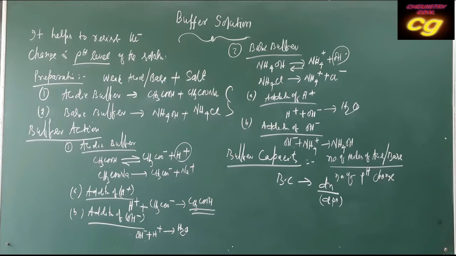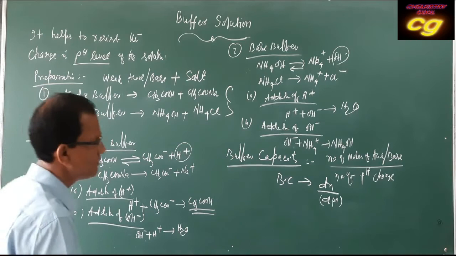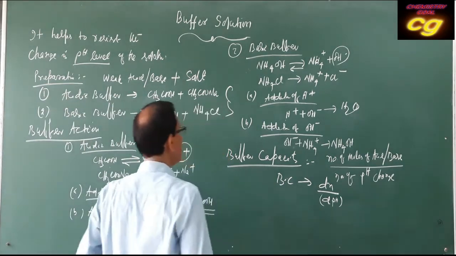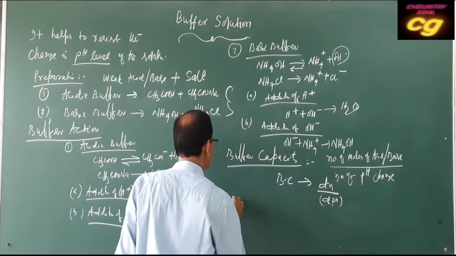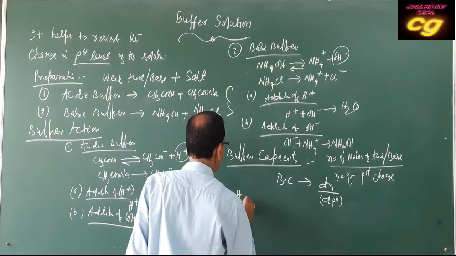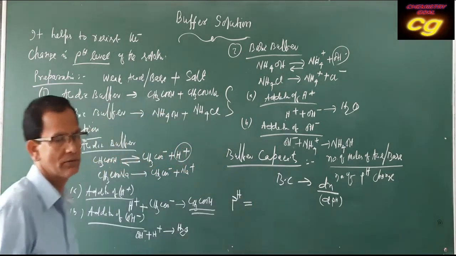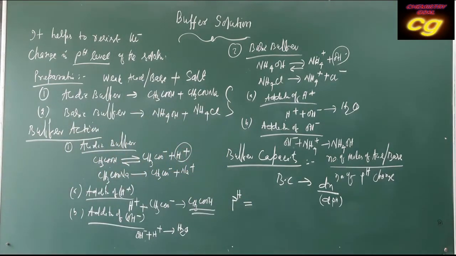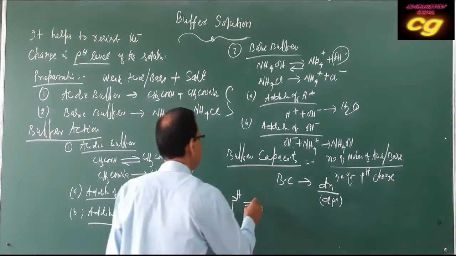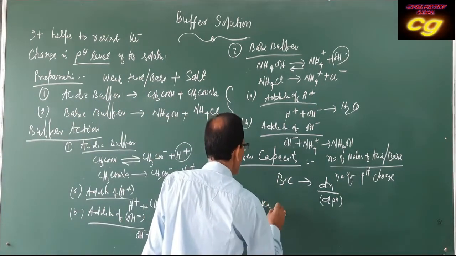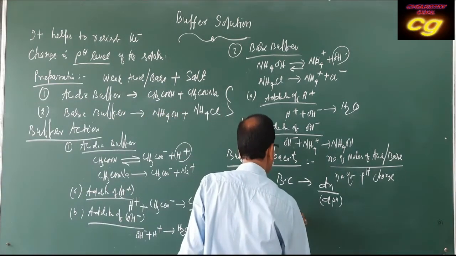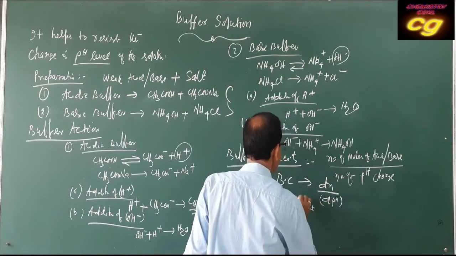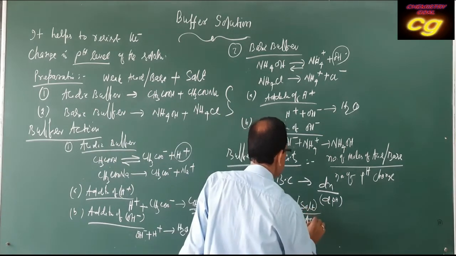And for calculation of buffer capacity, we have to derive one formula that we know. Let me tell one derivation. The pH of any buffer, either acidic buffer or basic buffer: for an acidic buffer, pH is equal to pKa plus log of salt concentration to acid concentration.